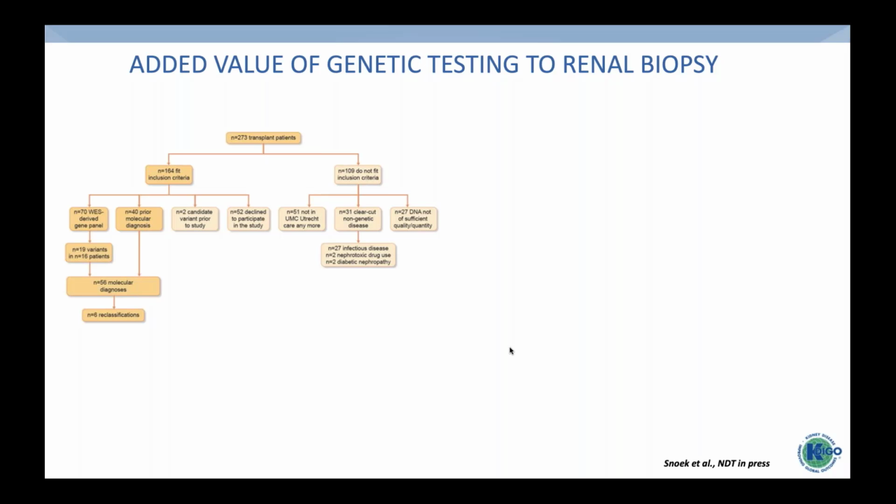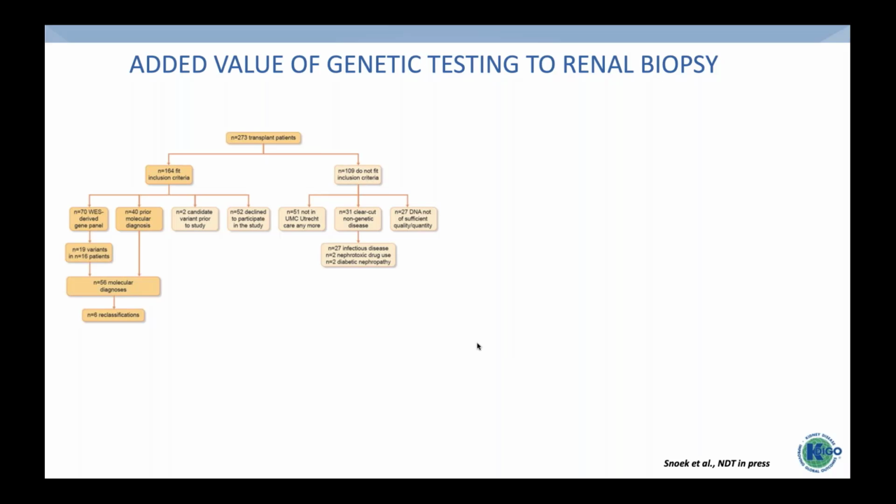And so the only patients that we excluded were those patients that we had no longer contact with because they had left the hospital after transplantation; those with a clear-cut non-genetic renal disease, for instance, an infectious disease or a nephrotoxic drug use or diabetic nephropathy; or patients where the DNA that was available, which actually came from previous HLA typing for the transplantation, was not of sufficient quality.